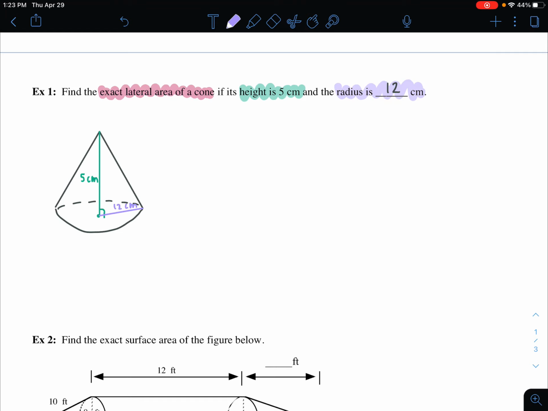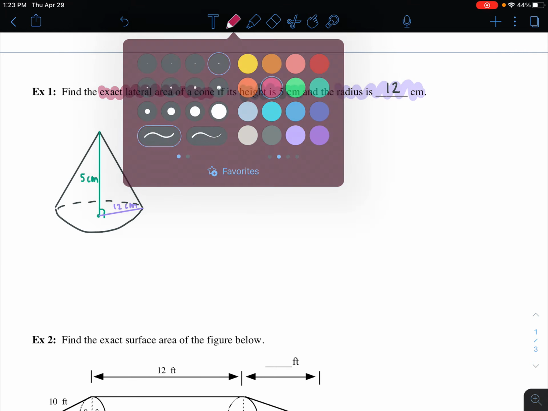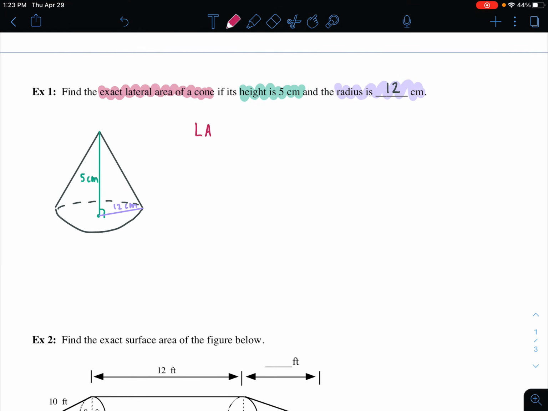My lateral area formula of a cone is pi times r times slant height. We know our radius here, which is great. Our radius is 12. We need to figure out our slant height. The slant height is always right here. Can we figure out what that slant height is?